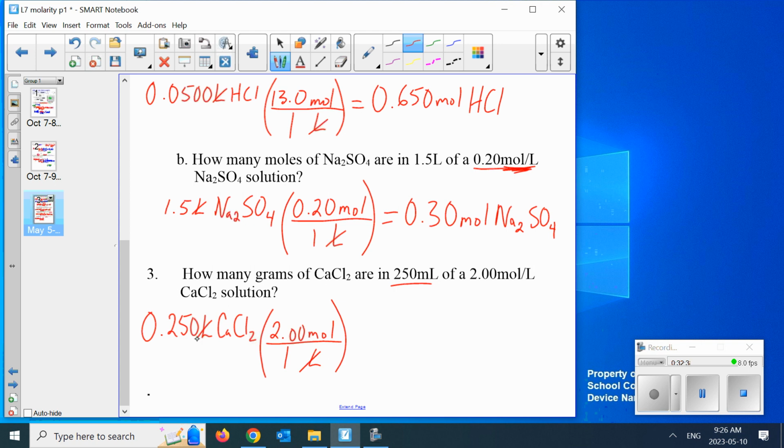If I stop now, I would have moles. I want to get grams. So I'm going to go with grams on the top, 1 mole on the bottom. I use the periodic table to figure out the grams of Ca plus 2 Cls. 40.08 plus 2 times 35.45, 110.98.